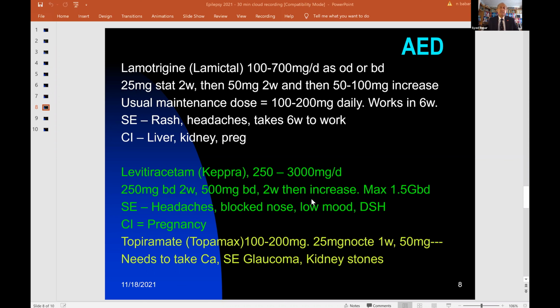And then, of course, the maintenance dose could be between 100 to 200 milligrams per day. However, it works in 6 weeks' time and is not of immediate effect. The side effects include rash and headaches, and the contraindications are liver and kidney disorders, and pregnancy.